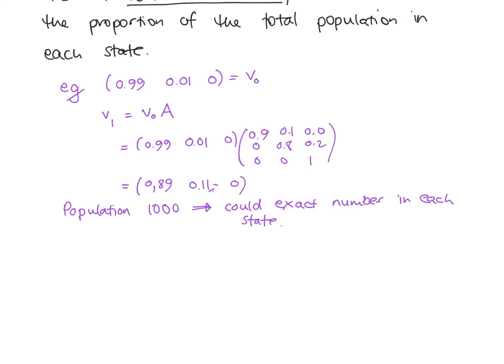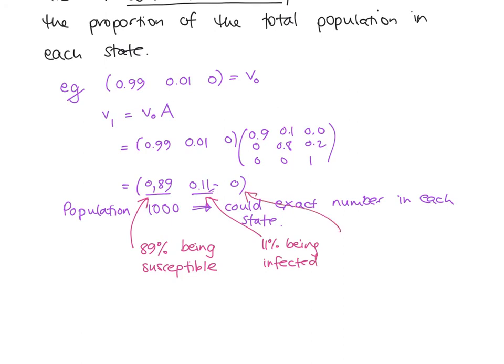Not only does this tell us that, in this case, we have 89% of the population susceptible and 11% infected, but another way of looking at it would be to say that after 1 week, you have an 89% chance of being in the susceptible group and 11% chance of being infected, and somewhat unusually a 0% chance of being recovered.